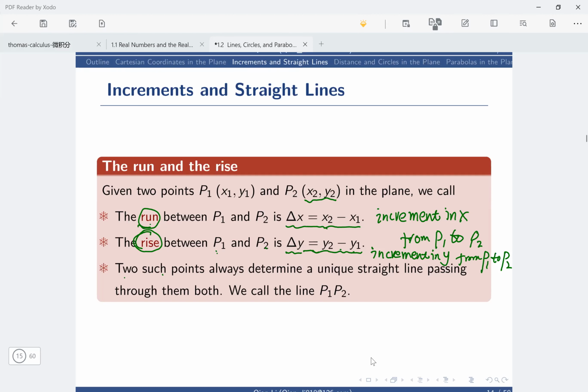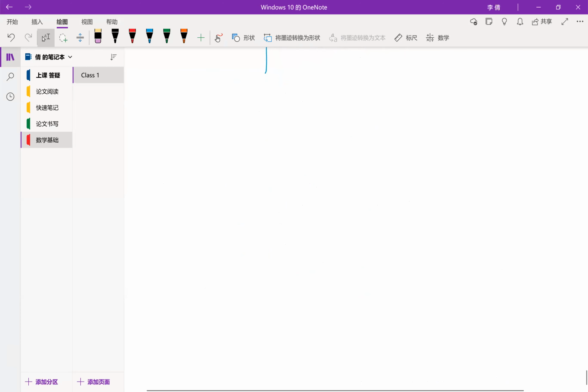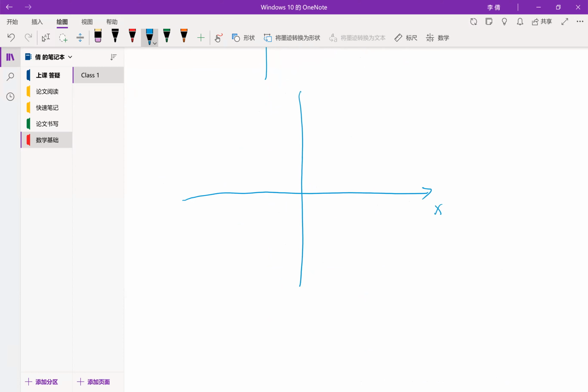We call this line P sub 1 P sub 2. Let's look at this picture. This is the x axis, and this is the y axis. This is the origin. This is P sub 1, with coordinates (x sub 1, y sub 1), and this is P sub 2, with coordinates (x sub 2, y sub 2).